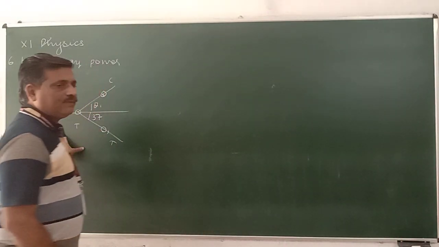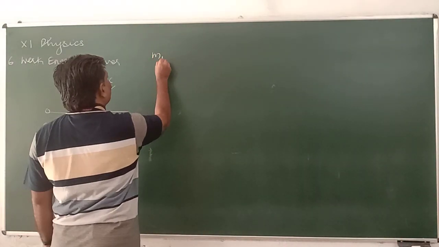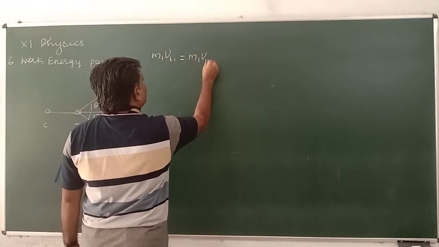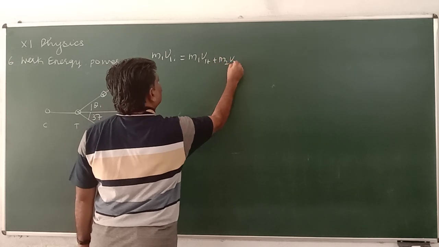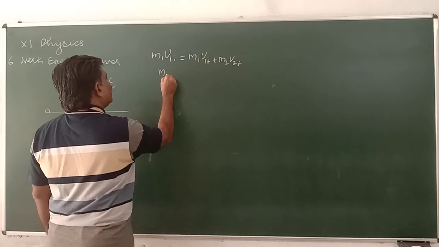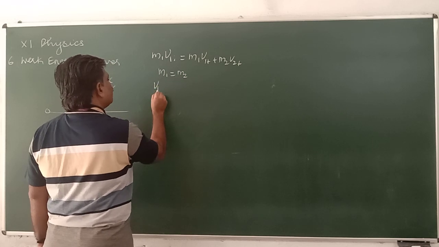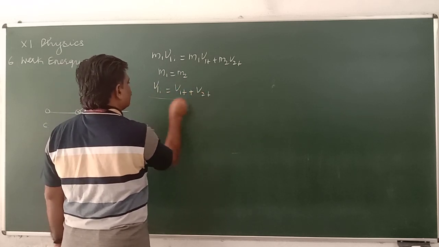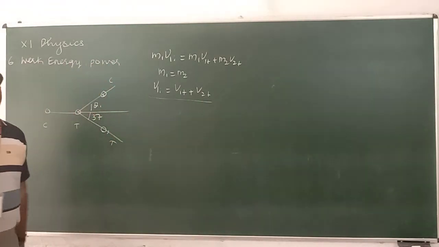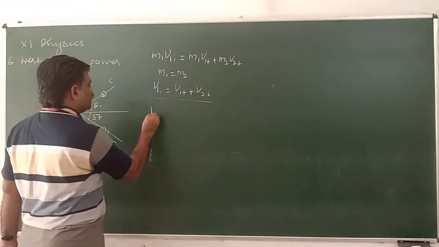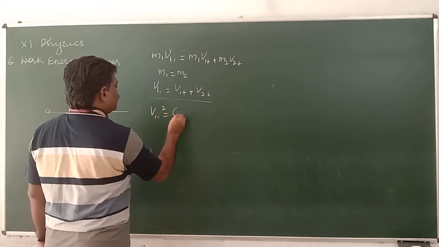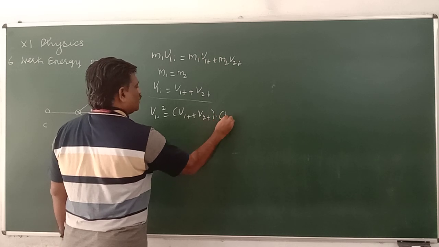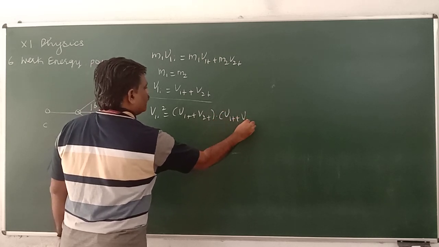What is the law of conservation of momentum? That is m1 v1i equal to m1 v1f plus m2 v2f. m1 is equal to m2, so we get v1i equal to v1f plus v2f. This is important. Squaring both sides, v1i squared is equal to (v1f plus v2f) dot (v1f plus v2f).